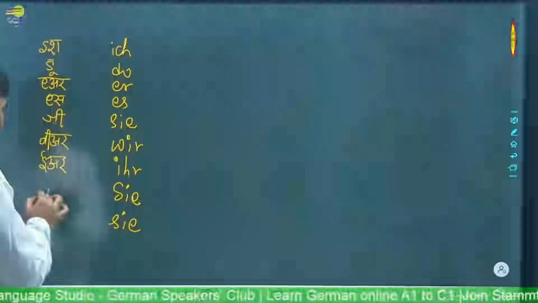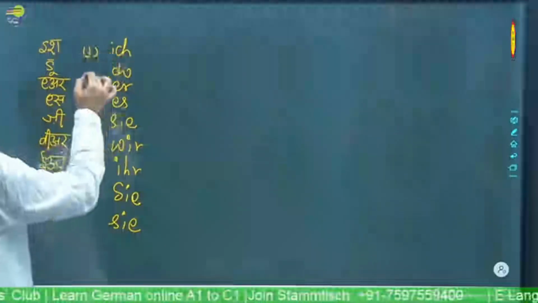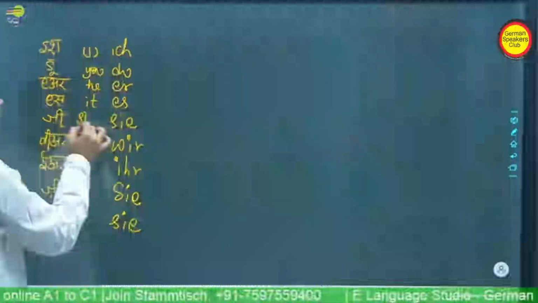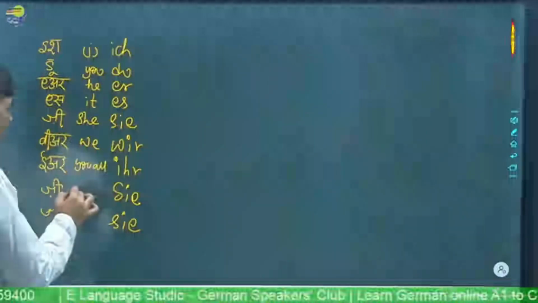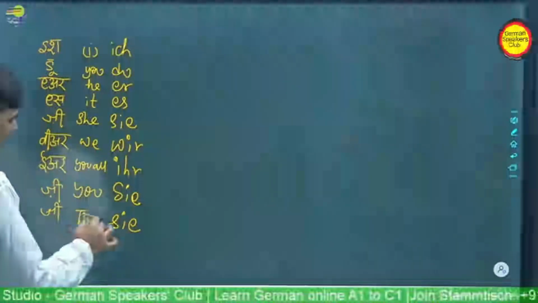Here, ich, du, er, es, sie, wir. You'll have to memorize the pronunciation. Then ihr, sie, and Sie in the end.